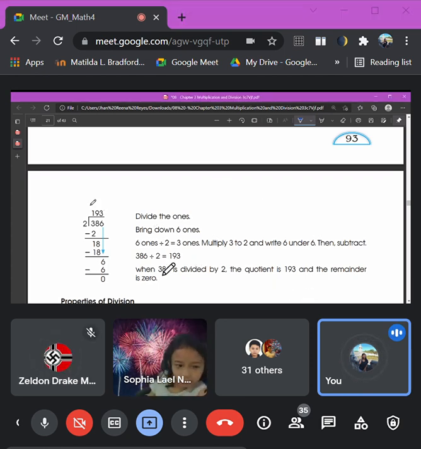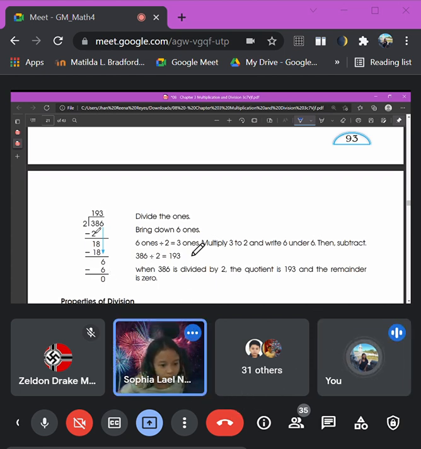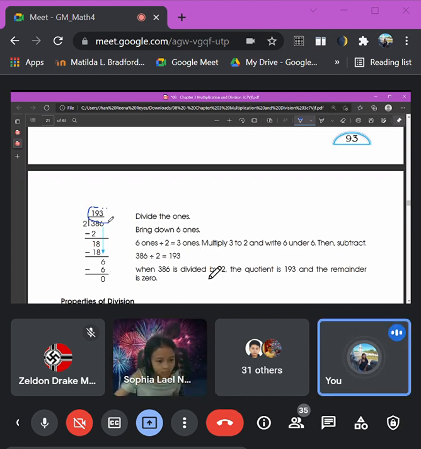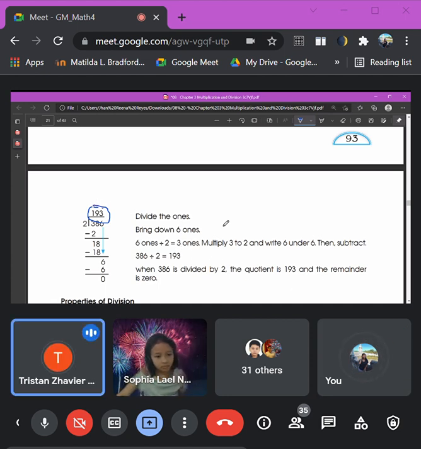Very good. So 3 times 2 is equivalent to 6, and 6 minus 6 is 0. So our answer, or our quotient, is 193.